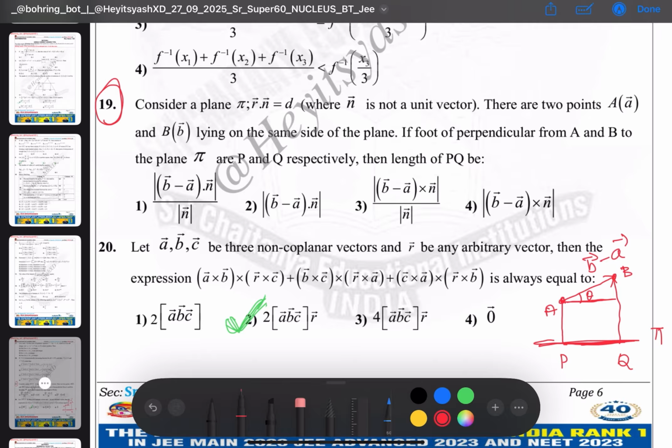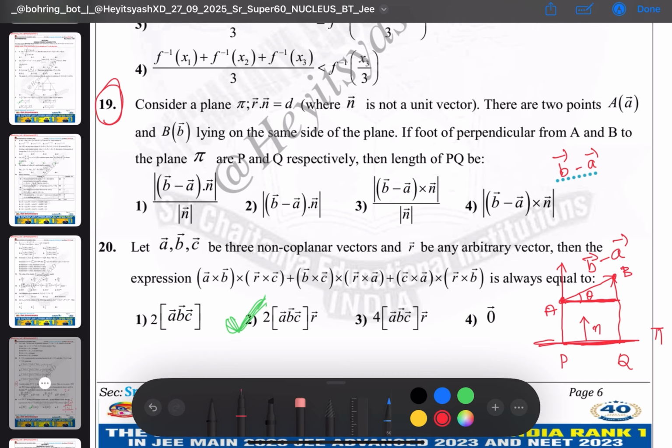What you simply have to find out is the projection of B bar minus A bar on this. So now the normal to the plane N lies something like this. The direction of the normal will be something like this.